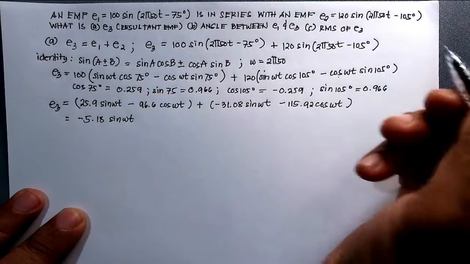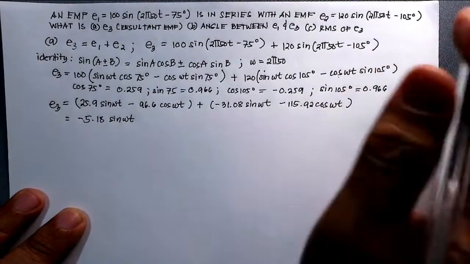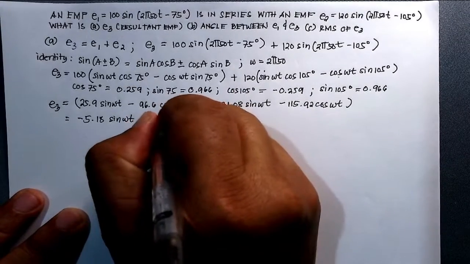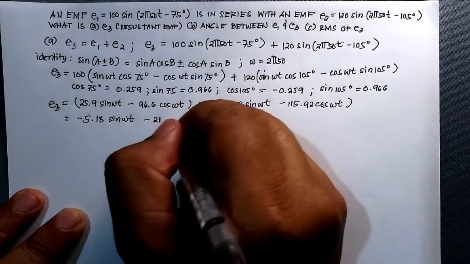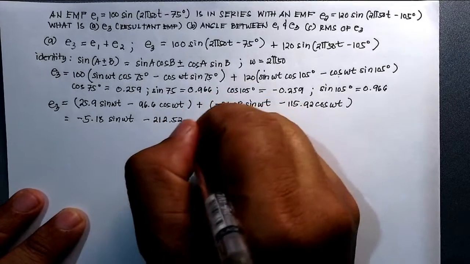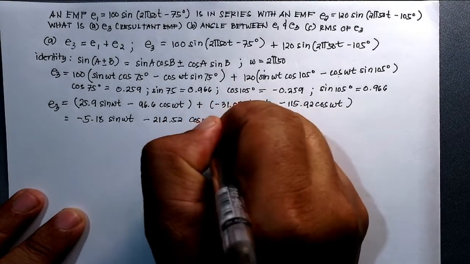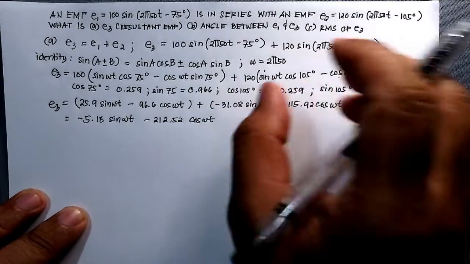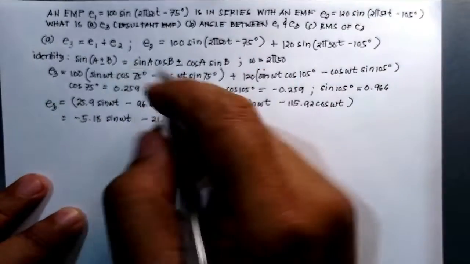And for the cosine part, we have negative 212.52 cosine omega t. So you group the sine and cosine, you add, and this will be the result.